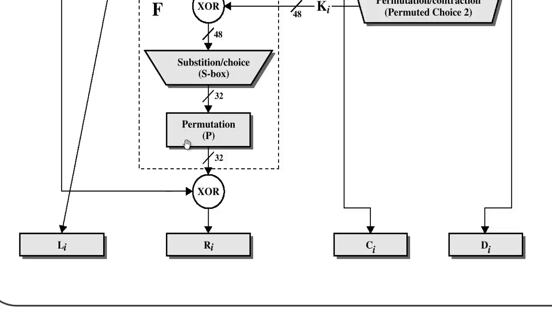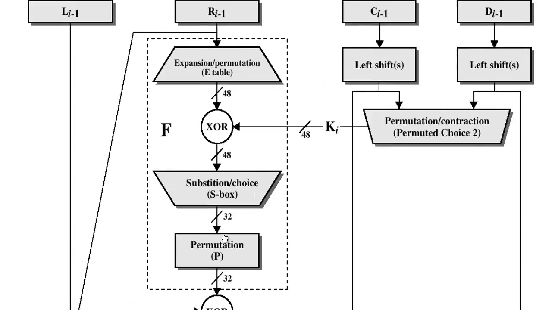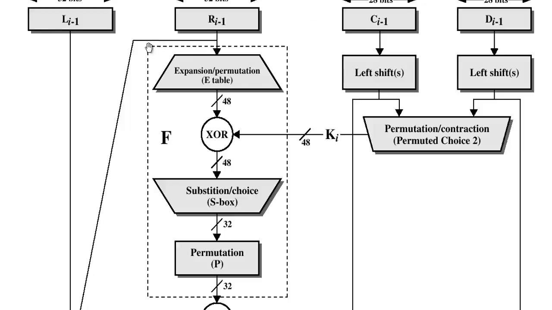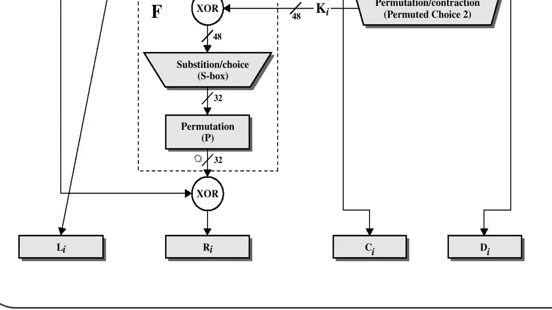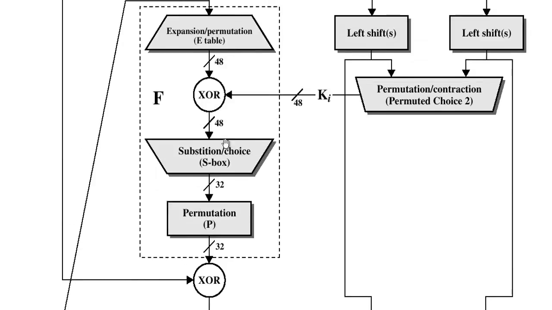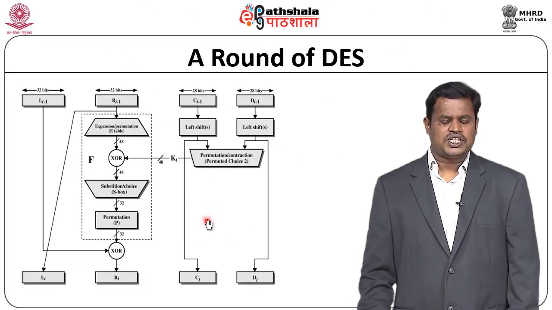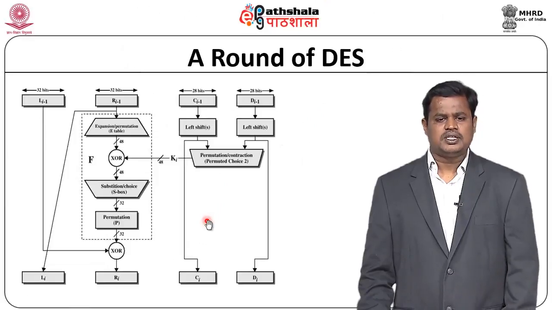So now we understand how each round is generated from Ri minus 1. Parallelly the keys have to be generated, totally 16 keys from a single key. This is the actual process of this algorithm.